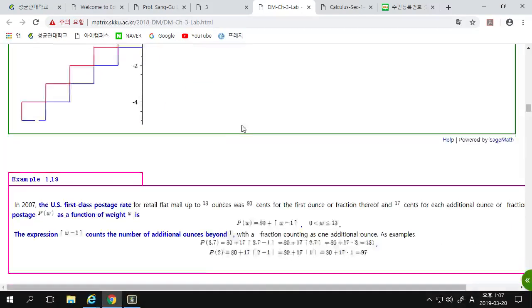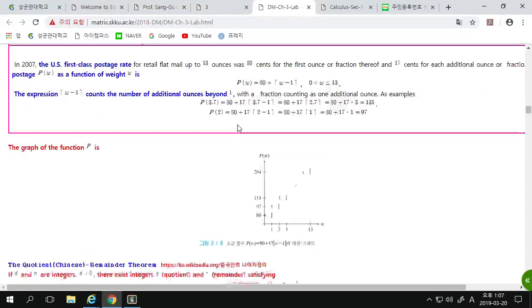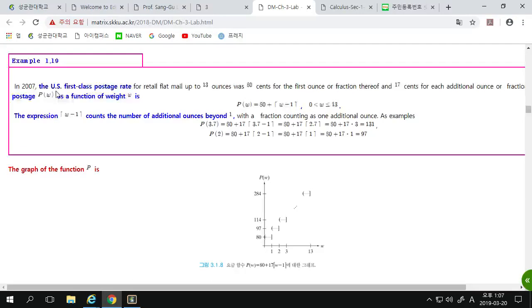And Sage next. With those notations, in 2007, the U.S. first-class postage rate for retail mail up to 13 ounces was 80 cents for the first ounce or fraction thereof, and 17 cents for each additional ounce or fraction. The postage P of W as a function of weight W can be defined in this way.